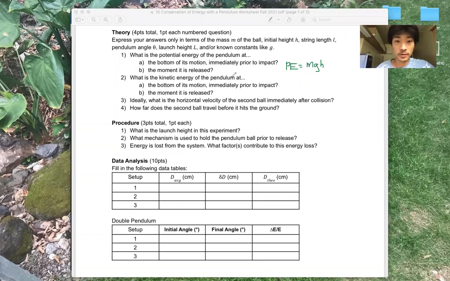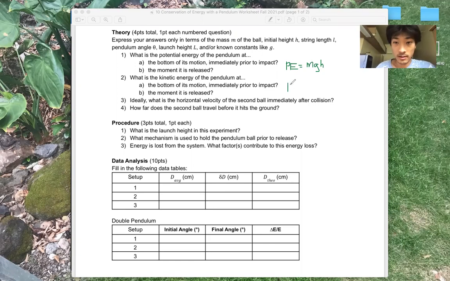For number two, though, they're asking you about the kinetic energy. So I'd like to say what kinetic energy is again. Kinetic energy is the energy of an object due to its motion. So it depends on how fast your object is moving as well as its mass. These are the two things that determine how much kinetic energy you have.